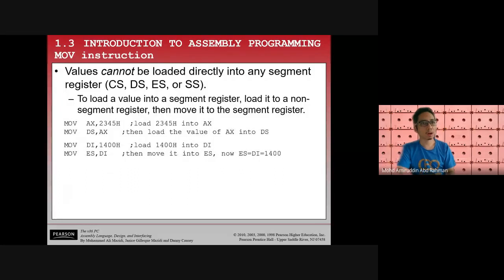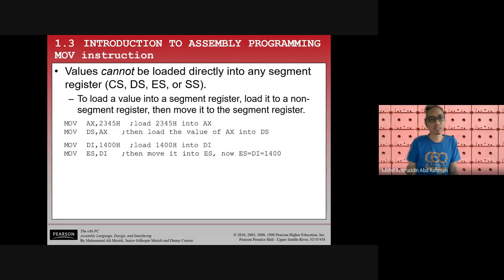Also, values cannot be loaded directly into any segment register. This is a special case for the segment registers: CS, DS, ES, or SS. So how can we do that? To load a value into a segment register, load it into a non-segment register first, then move it to the segment register.